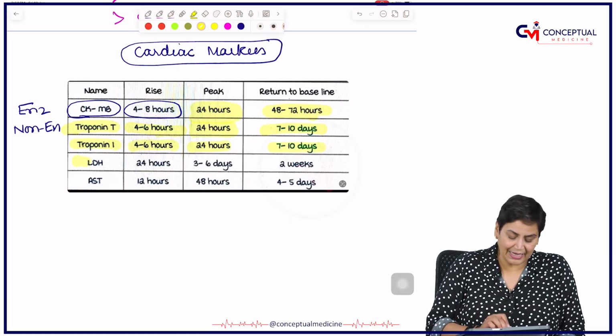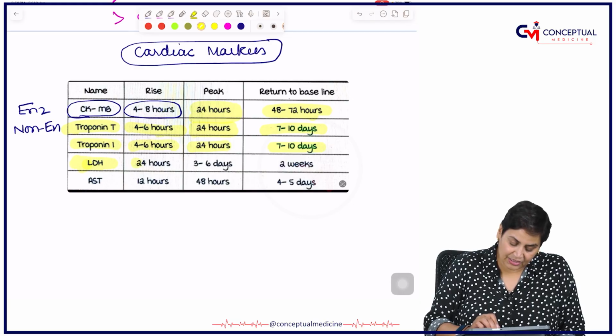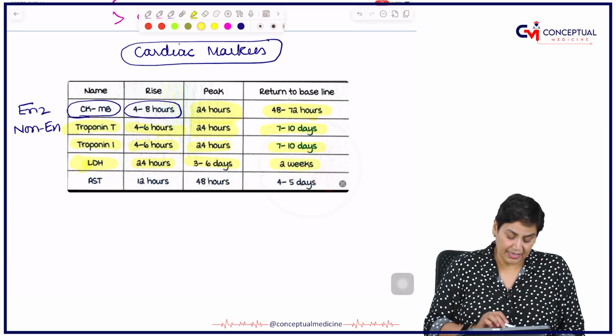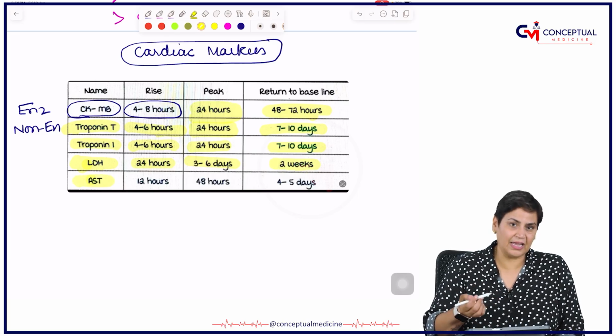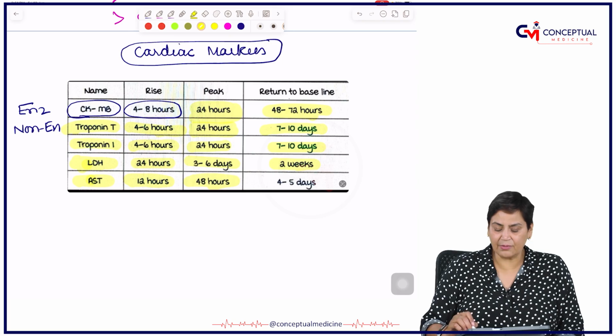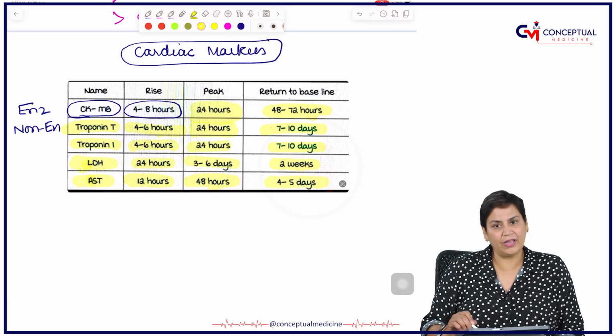And if we talk about LDH, LDH rises in 24 hours, peak value in 3 to 6 days and comes back to normal in 2 weeks. And then AST, which is none other than GOT, it rises in 12 hours, attains a peak value in 48 hours and it comes back to normal in 4 to 5 days.